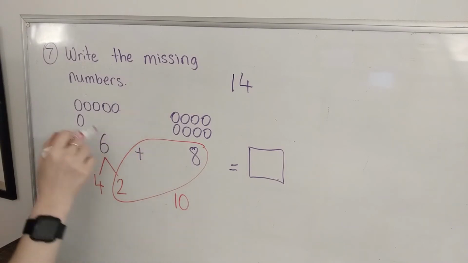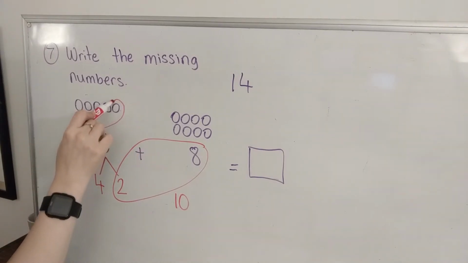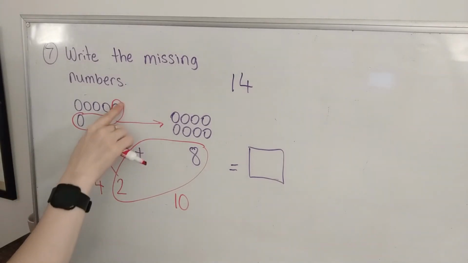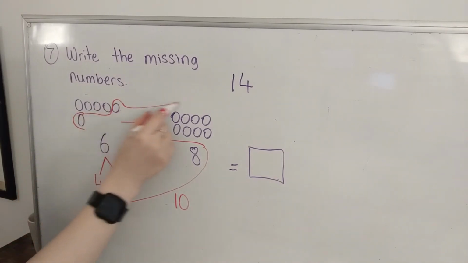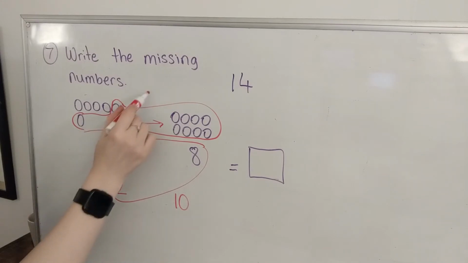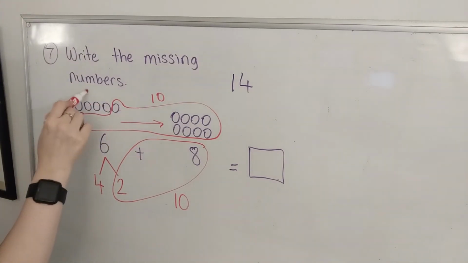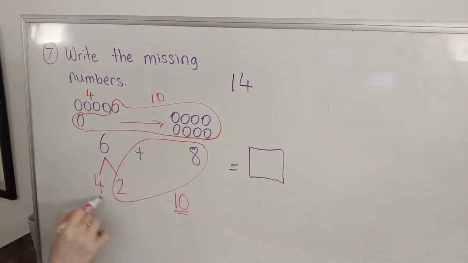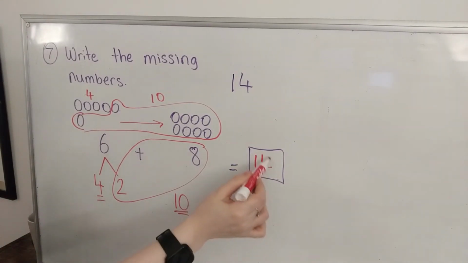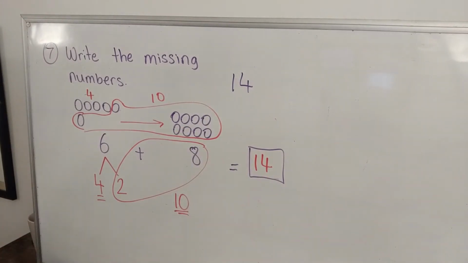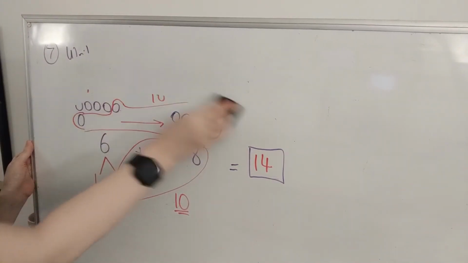Here's the 8. Here's the 2. So now we have 8 plus 2 is 10. What do we have left here? 4. 10 plus 4 is 14. And there's our missing number, 14. Good work.